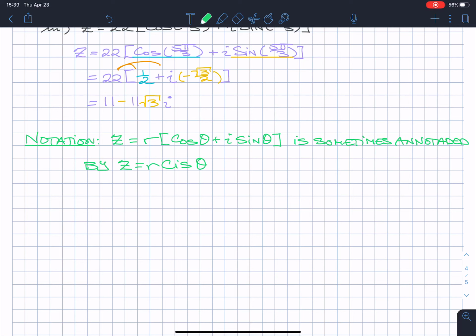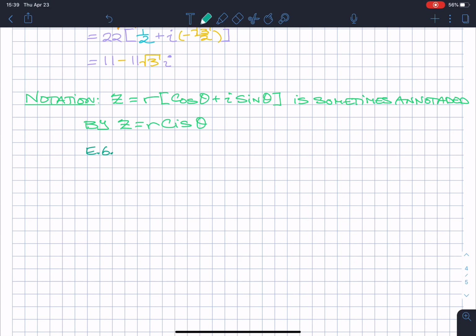I really don't like this notation, but you'll see it. Because some people like acronyms, I am not a fan. So for example, say we have z is, I don't know, 7 times cis 3 pi over 4. That is equivalent to 7 times cosine of 3 pi over 4 plus I sine of 3 pi over 4. So if you see that notation, at least you'll know what it is. I don't use that notation. Okay, I'll see you in the next video.